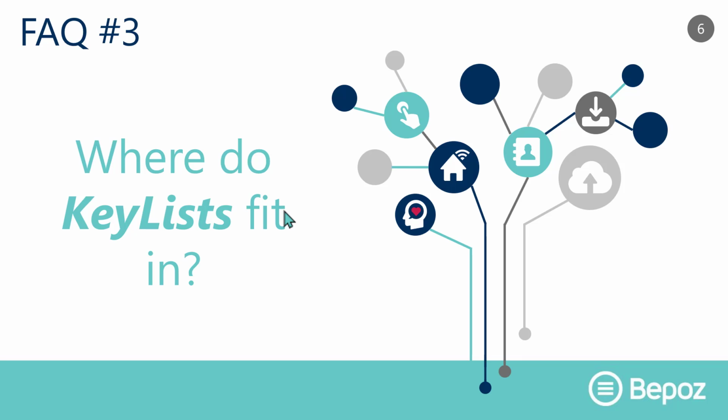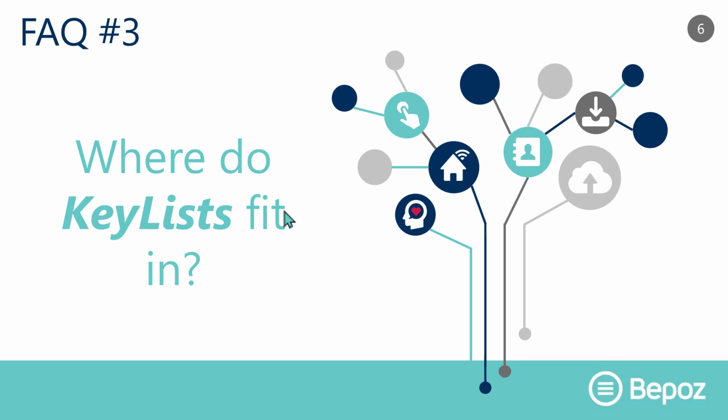Okay, so I mentioned a concept or a word called key lists a couple minutes ago as well. You may be wondering where they fit in. They are going to come up a little bit later on when we're looking at how to set up our key maps, so we may as well talk about what they are while we're answering some questions here. We can think of key lists really just as a way to group together different products that do not necessarily have any common features, but maybe they do.